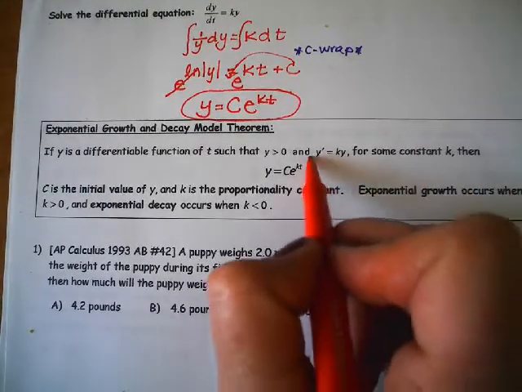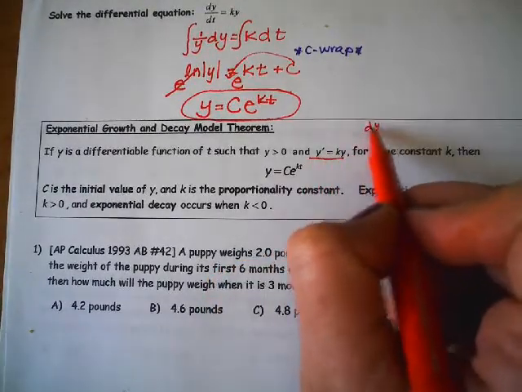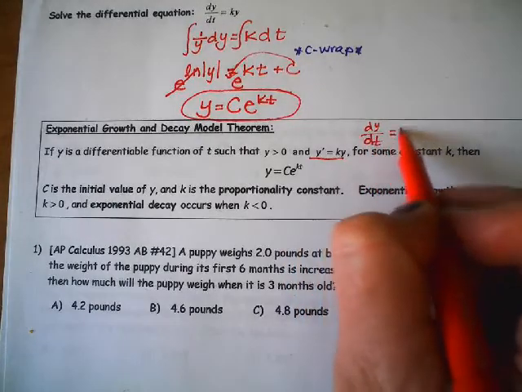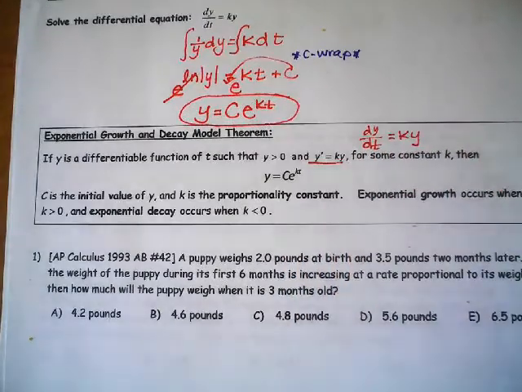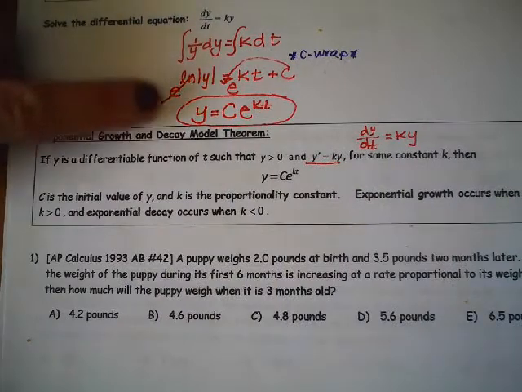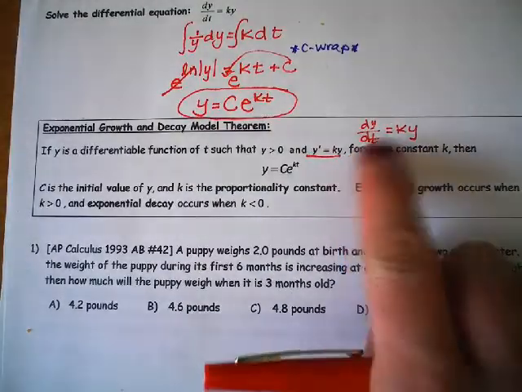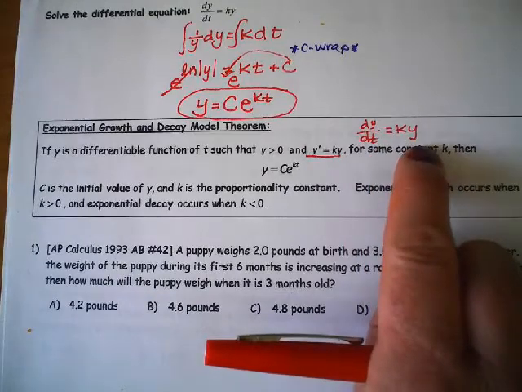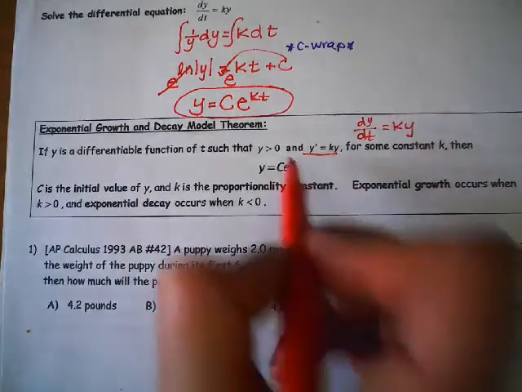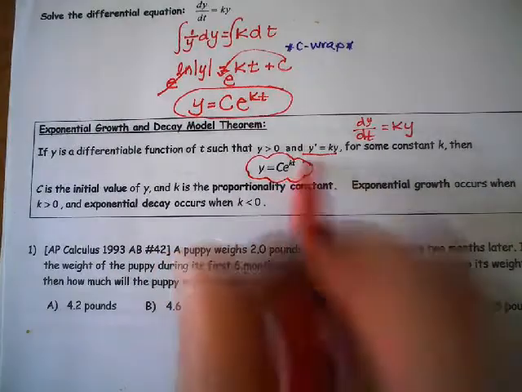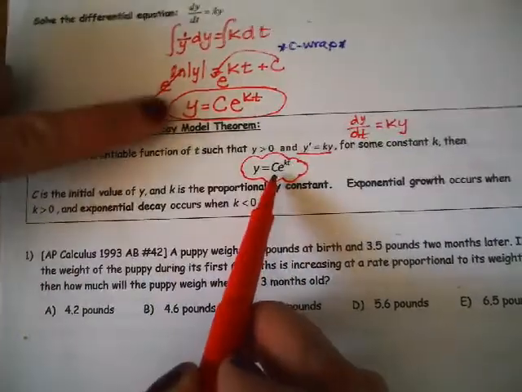Sometimes you'll see it like this, dy dt equals ky. You don't have to go through the process of separating and integrating like we did here. As soon as you see dy dt equals some constant times y, you can jump immediately to this equation, because that is the solution. We proved it up here.